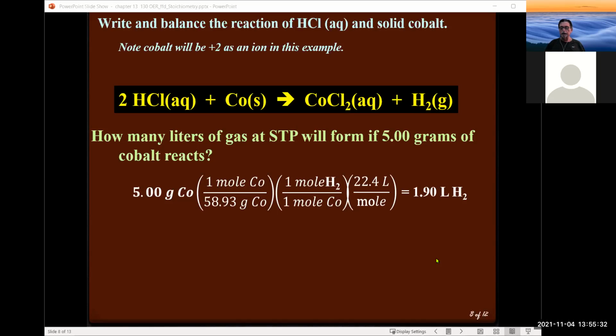Note, I've got 3 conversion factors here. This is grams given, moles given, the mole ratio to get me to moles find. This gives me the volume find, okay? Because I'm at STP.